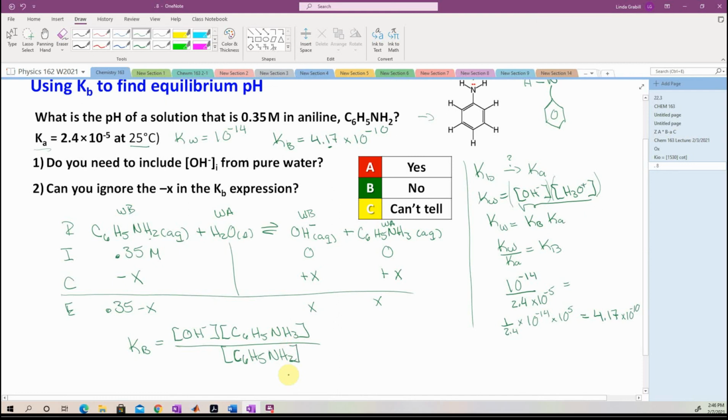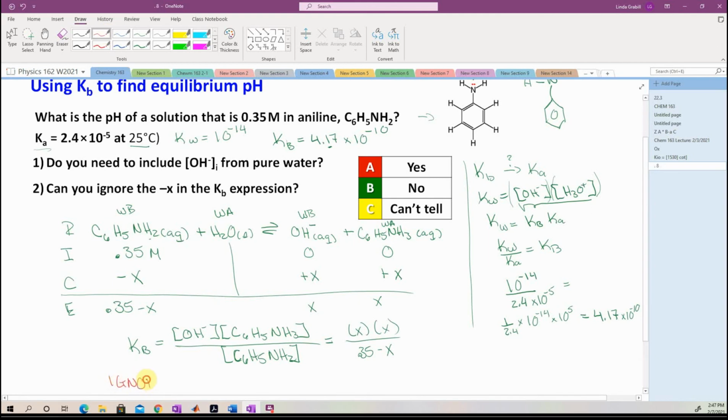Cool. Now it's the easy part. Let's just put in our x's. So I'm going to end up with my x squared over my 0.35 minus x. Now I want to ask myself, can I ignore my minus x? Check that out.